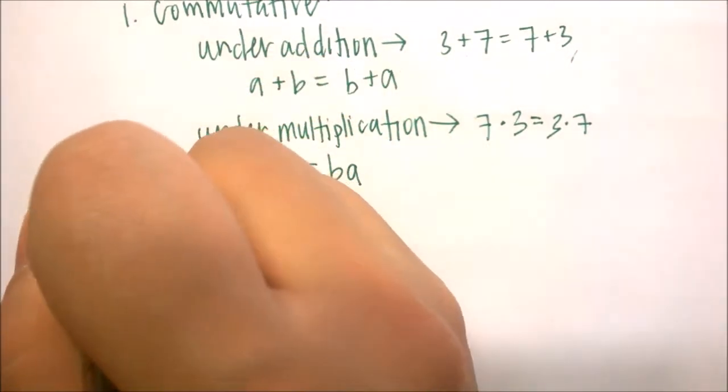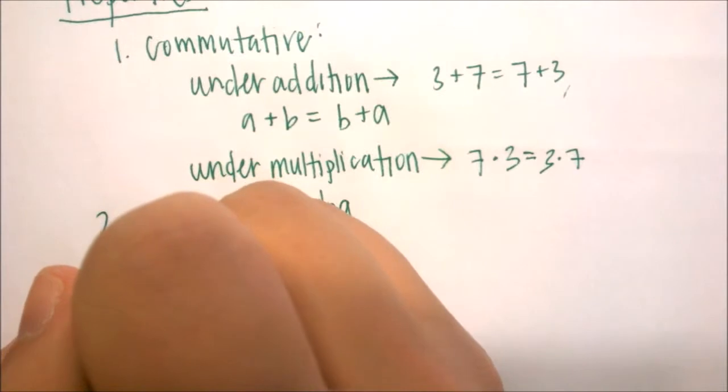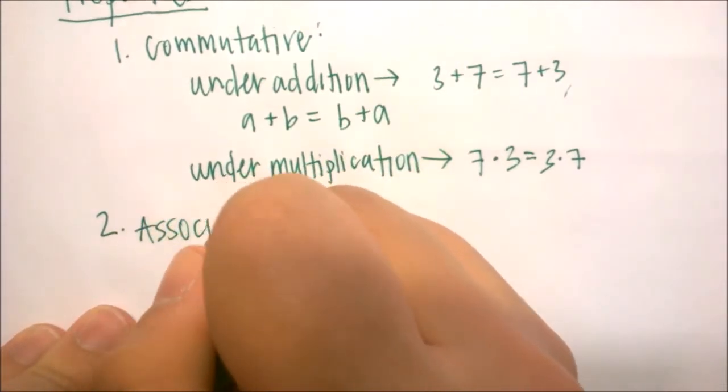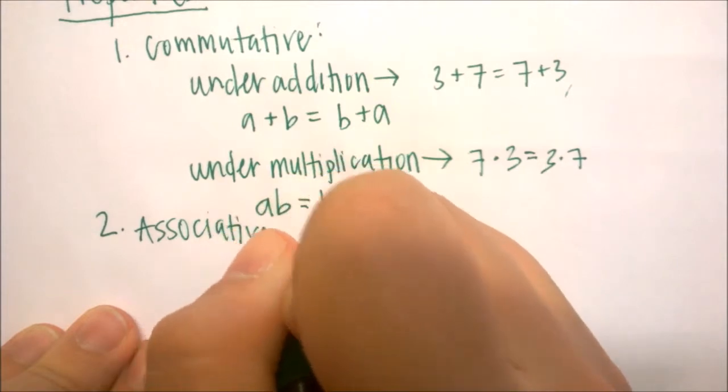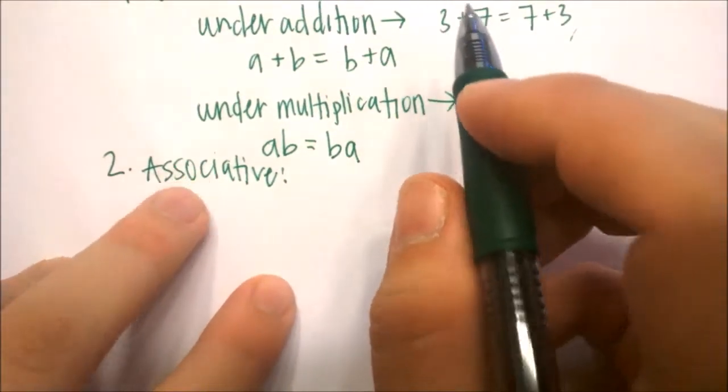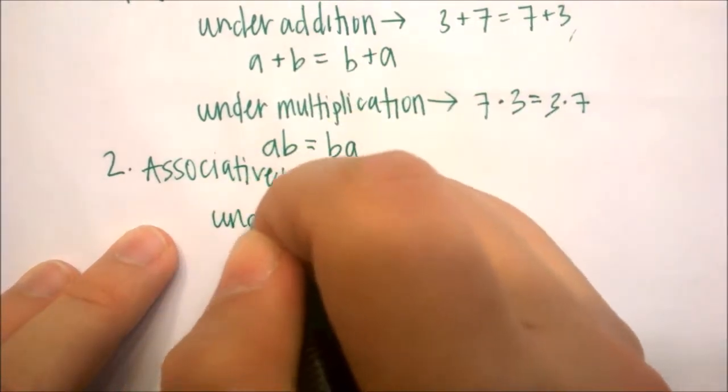The second thing we're going to talk about under properties is associativity. So first, let's look at under addition. What does it mean to be associative under addition?